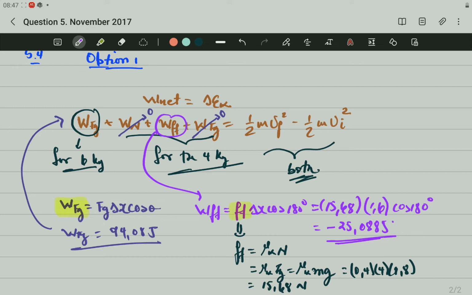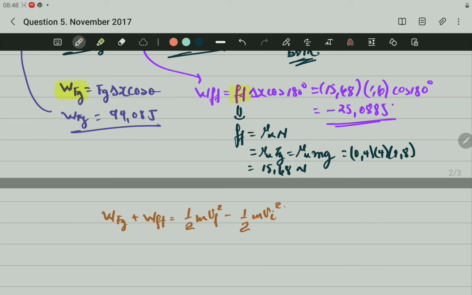So now we can calculate the net work. We can now do the whole substitution. We have 94.08 plus minus 25.088 is equal to half the mass, we're going to use the mass of both of them, which is 10, multiplied by the final speed squared, which we are looking for, minus half multiplied by 10 multiplied by 0, which is the initial speed squared.